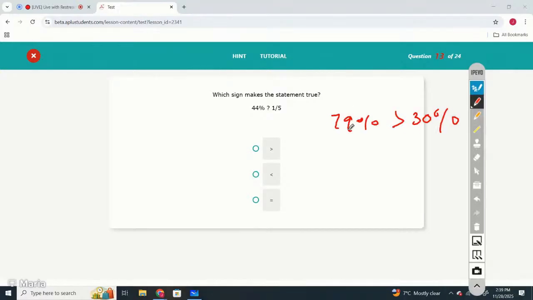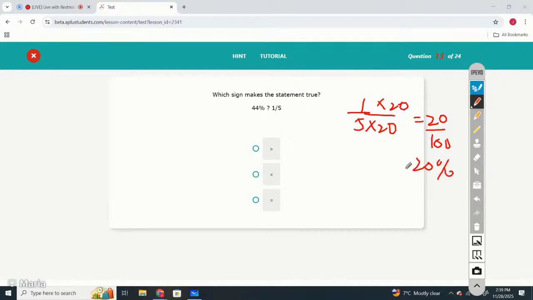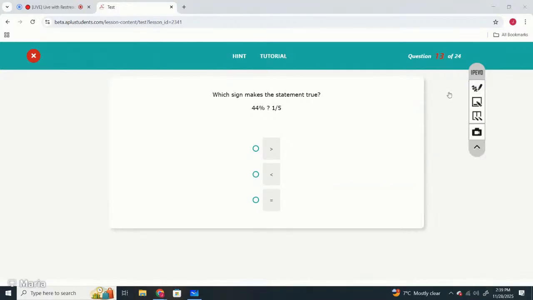So we need to make the denominator equal to 100. So 1 over 5 times 20, because 20 times 5 is 100. So that is 20 over 100, and that equals 20%, right? So 44% is greater than 20%. So option number 1 is the correct option.